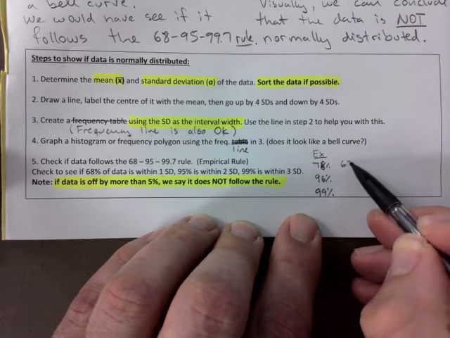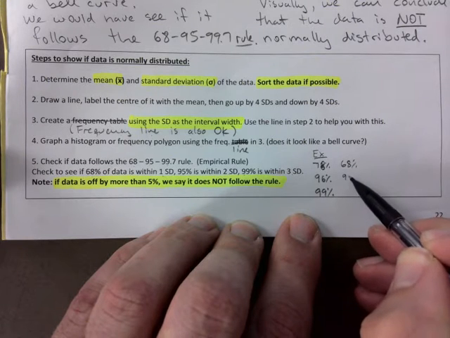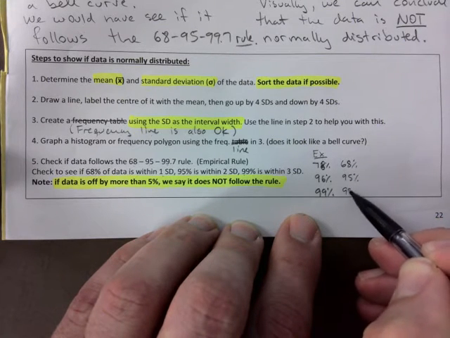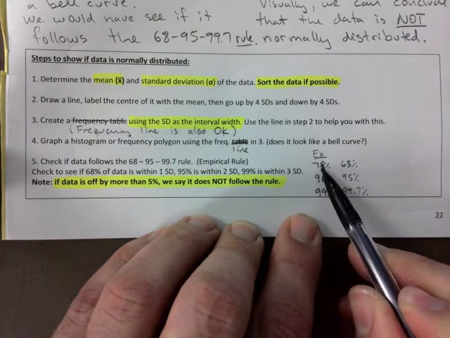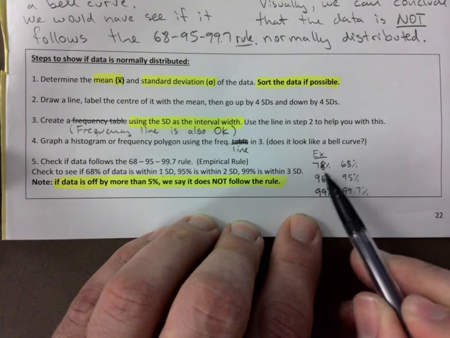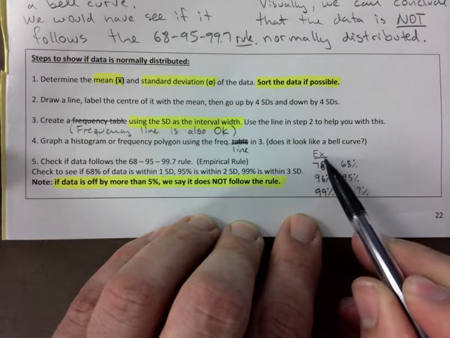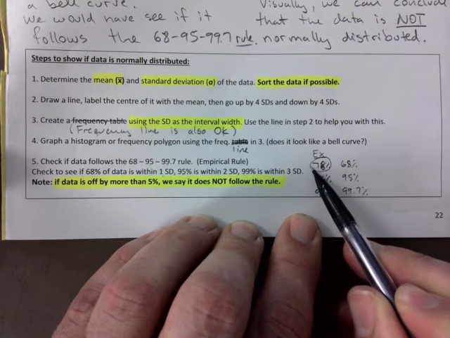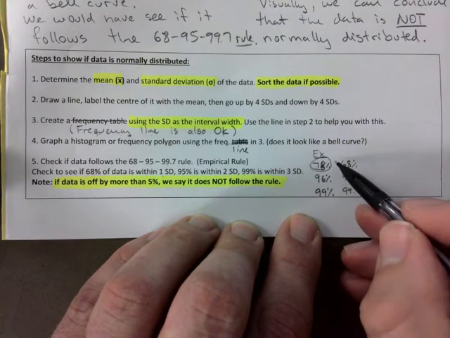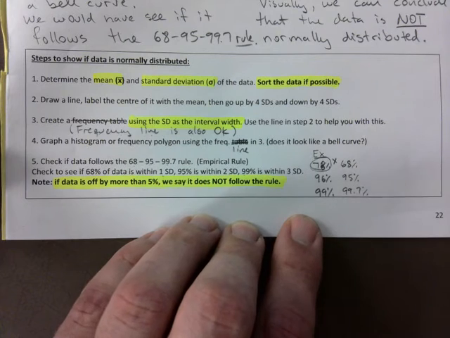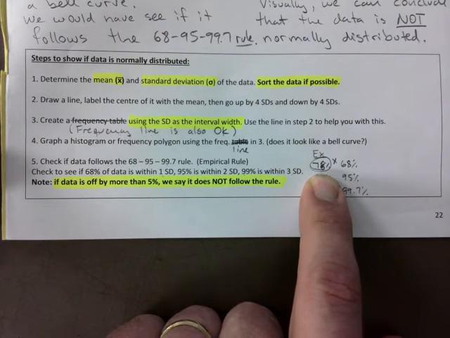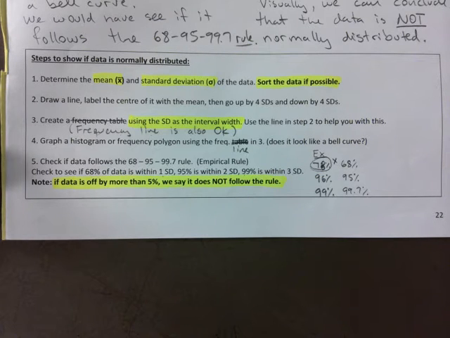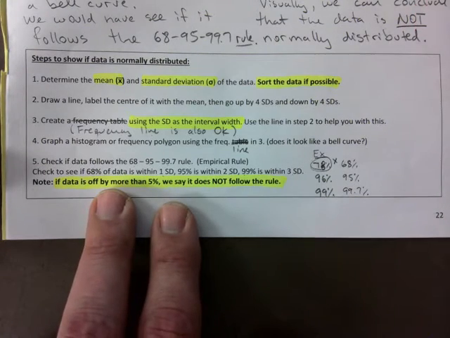If you compare it to what it's supposed to be, this one fails, right? Like you check that it's 78 and it ended up being way past the 68 mark. So if it's off by more than 5, we would say it does not follow. Okay? Because remember, this is not going to be perfect. It's just going to be approximating. Okay?